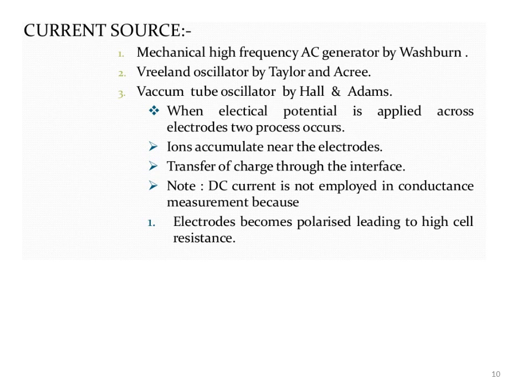When electric potential is applied across the electrodes, two processes occur. When electric potential, meaning some amount of current, is applied across the electrodes, then two processes occur. Number 1 is ions accumulate near the electrodes.